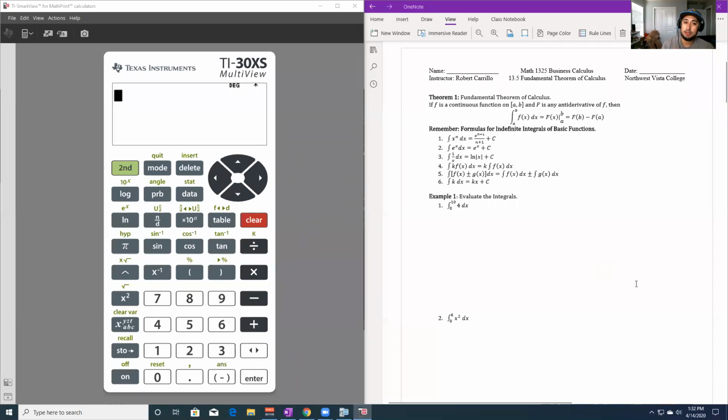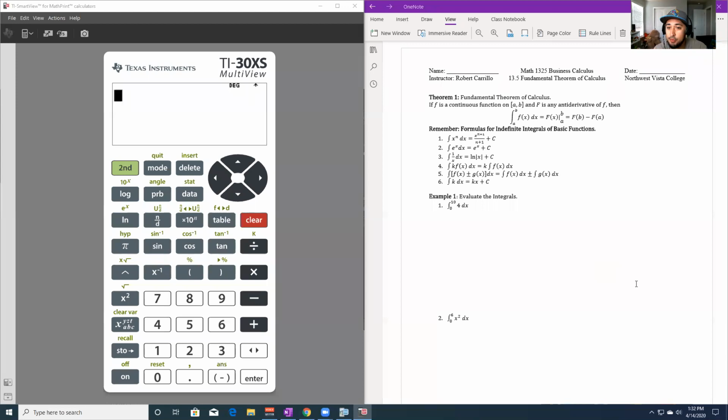Welcome everybody. This is actually 12.5, not 13.5, the fundamental theorem of calculus. So what we're going to learn is more of an evaluation theorem for integrals.